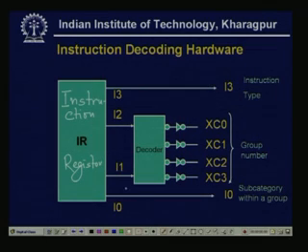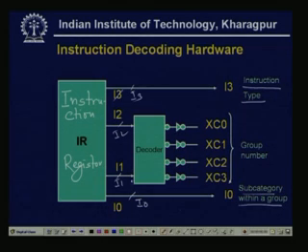So, I0, I1, I2 and I3. Now, I3 gives the instruction type. I0 is the subcategory within a group, and I2, I1 is the group.